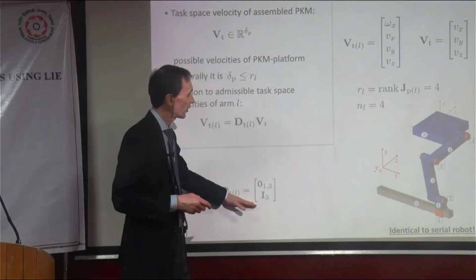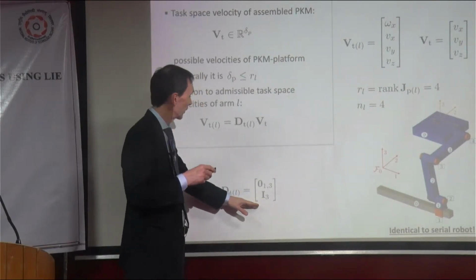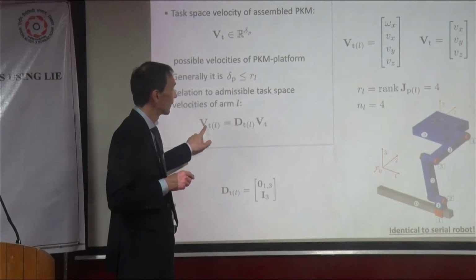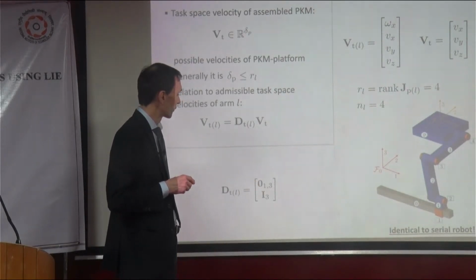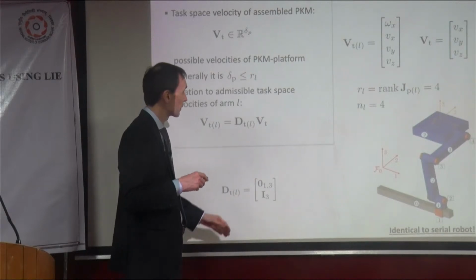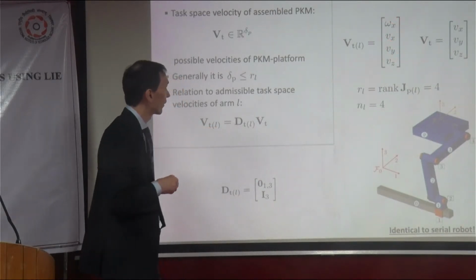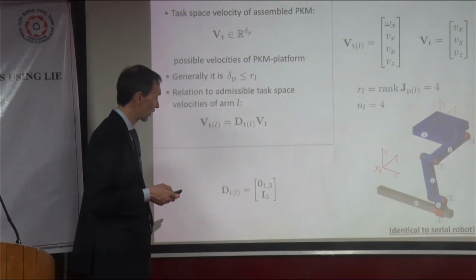So essentially what it does, it takes your task velocity and puts it into the last 3 components in this VT, and then it multiplies whatever comes out of here with 0. So which means that you have 0, Vx, Vy, and Vz. And this is the admissible task space velocity in the end.